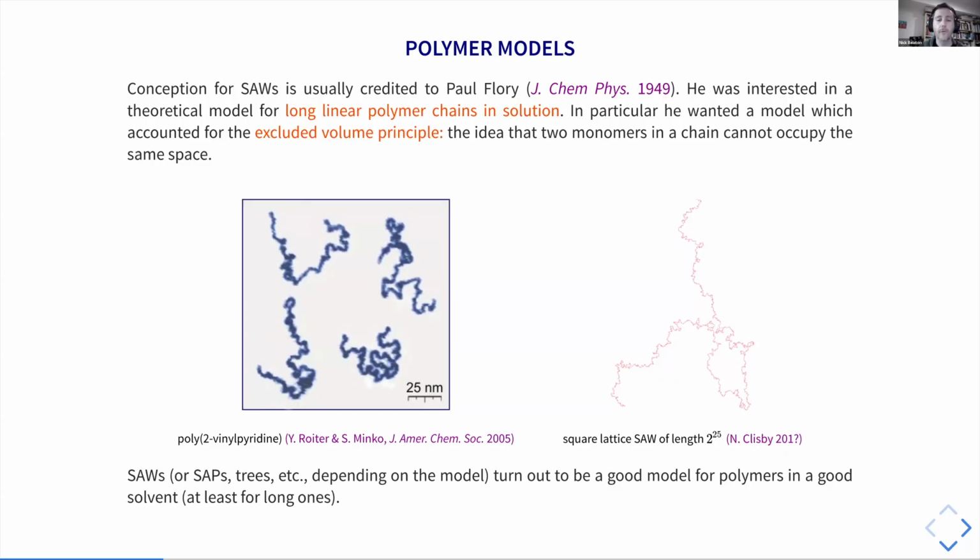That corresponds to the excluded volume principle for real-world polymers, where I can't have two points of a polymer lying on top of one another. So self-avoiding walks and polygons capture this excluded volume principle, and so they're a useful model of polymers.